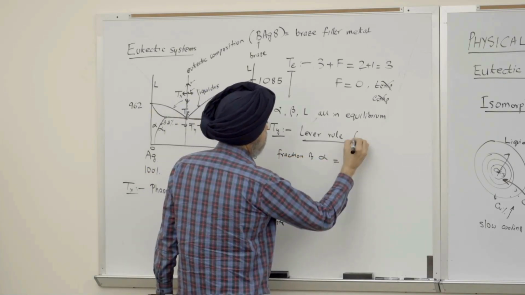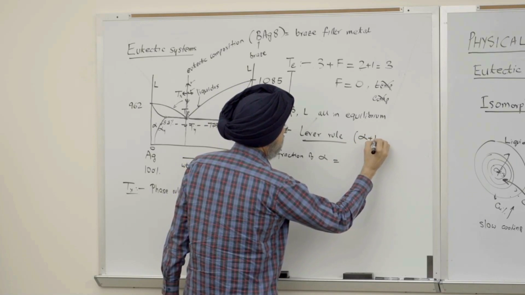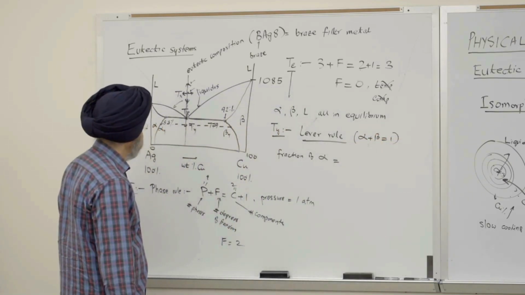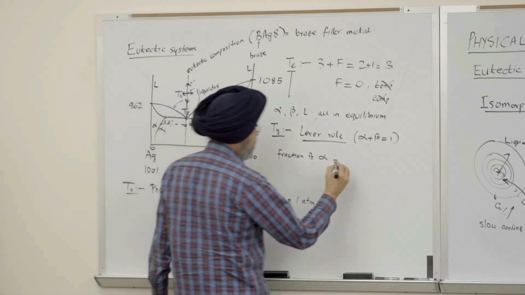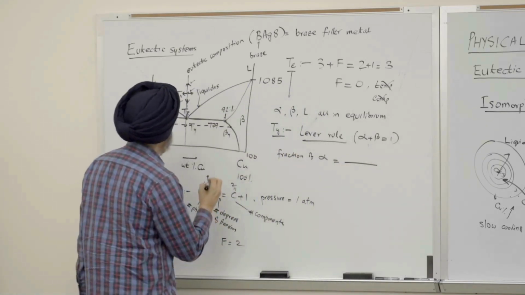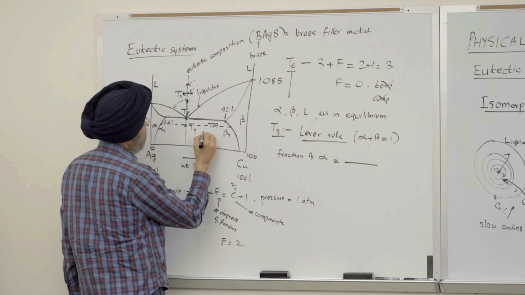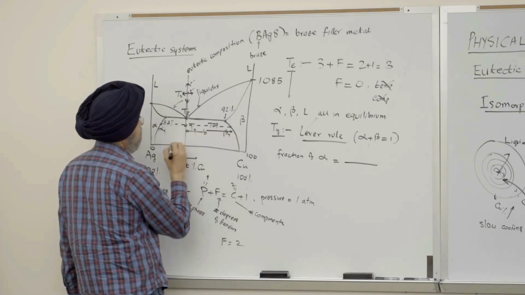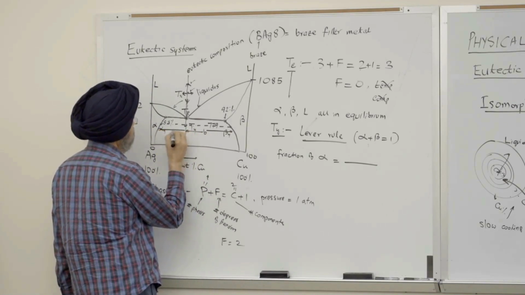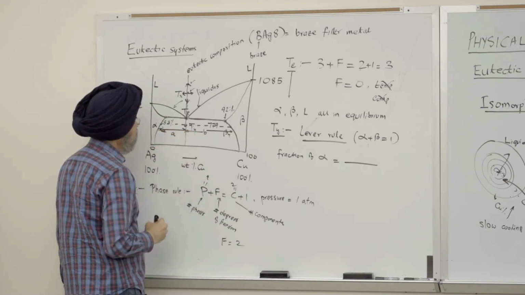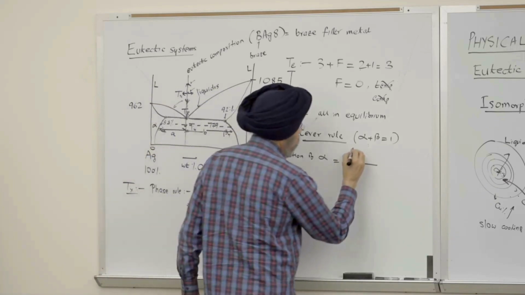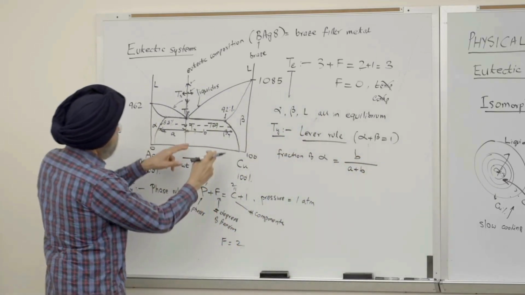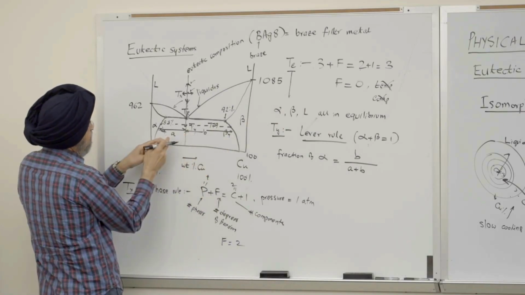We're assuming alpha plus beta is equal to 1 if alpha and beta are fractions. So the fraction of alpha will be this line, I'll call this B, and I'll call this line A. So alpha will be B over A plus B. If this is large, then I have more alpha.